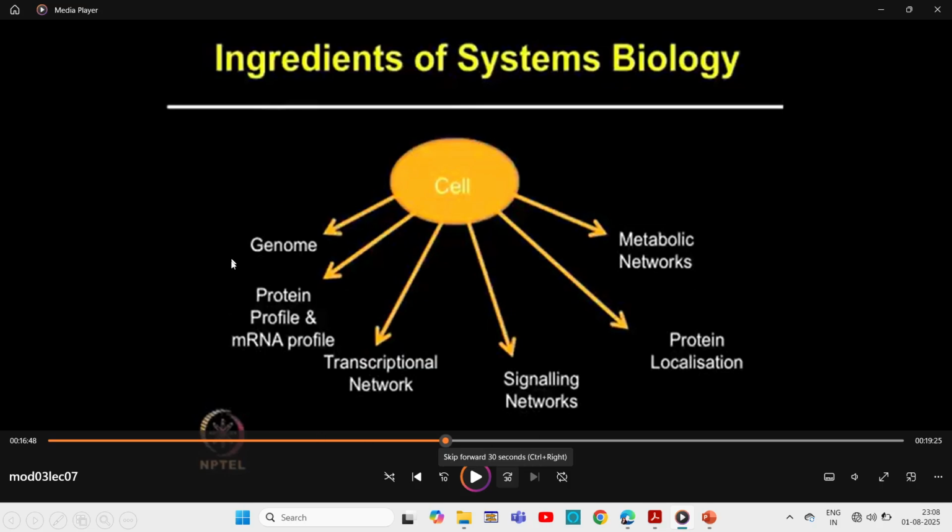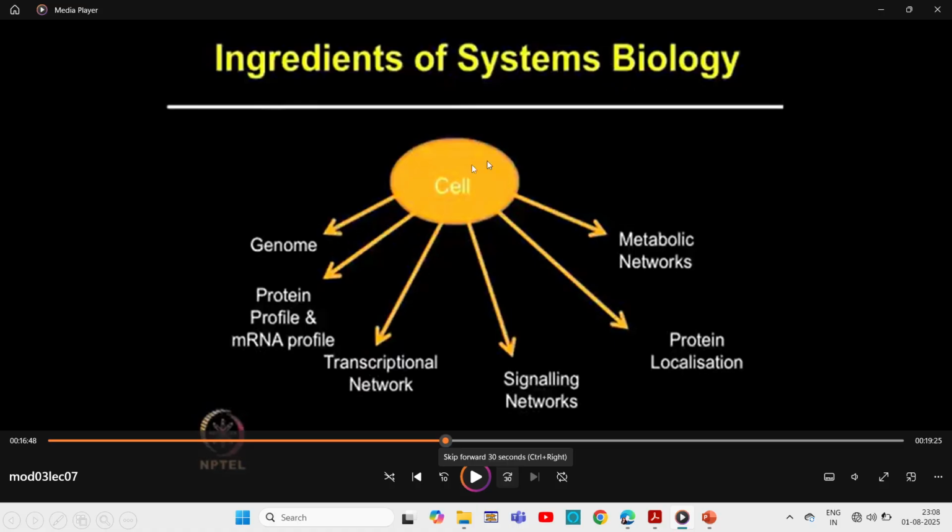Like if you are studying it as a holistic approach, for example, one protein, it is coded by one genome. Then it will have some RNA, but it is interacting with some other protein, some other metabolite or something. So if you are studying each and every single part of that whole one specific gene, or one specific protein, whatever, in a holistic approach, that is a part of system biology.